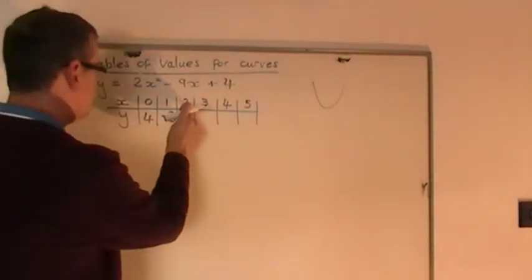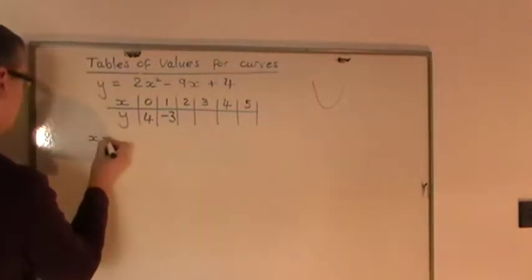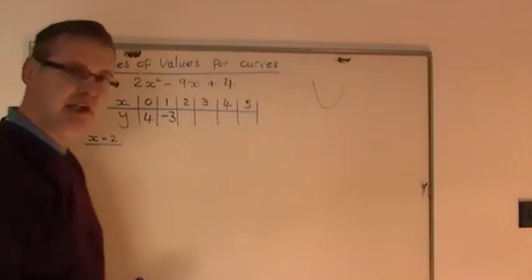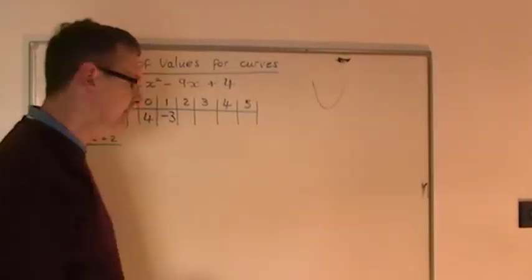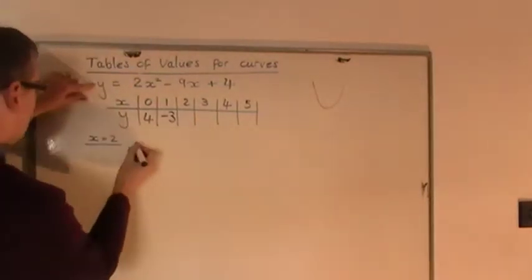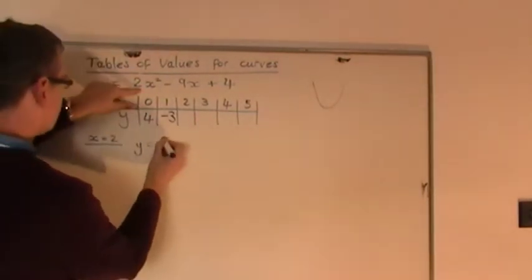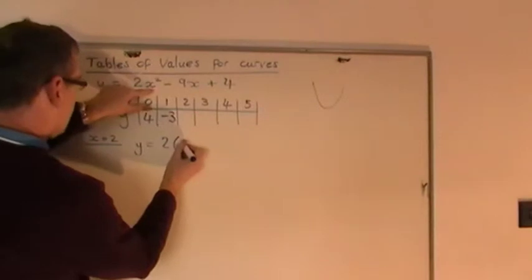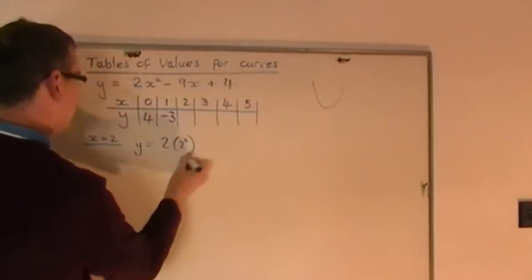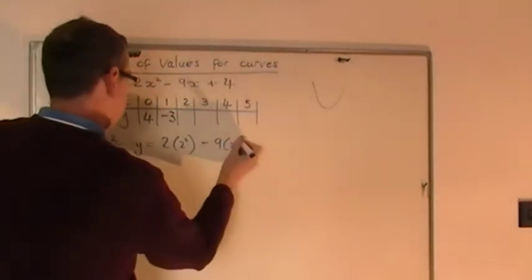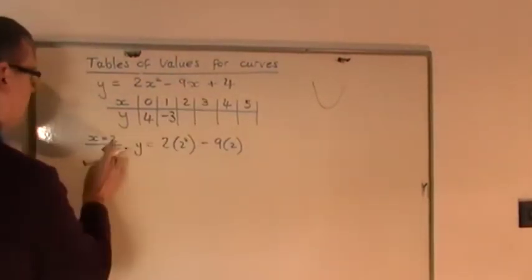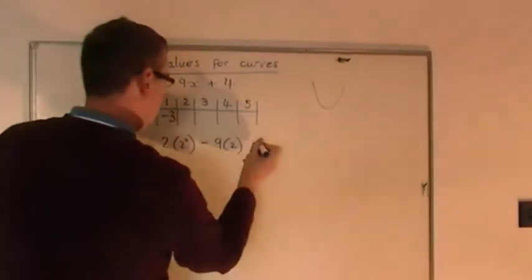Let's do this one, x equals 2. I'll actually do the calculation here. In these questions, they'll always leave you a bit of space to do some working out. If x is 2, the y value will be equal to 2 lots of 2 squared, take away 9 lots of 2, 9 x's where x is 2, plus 4.